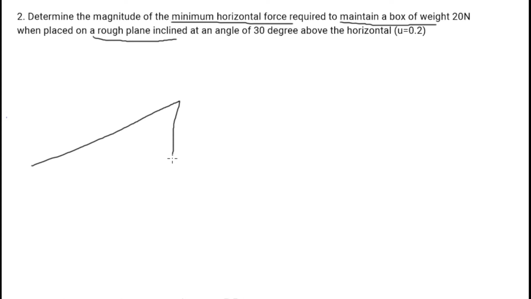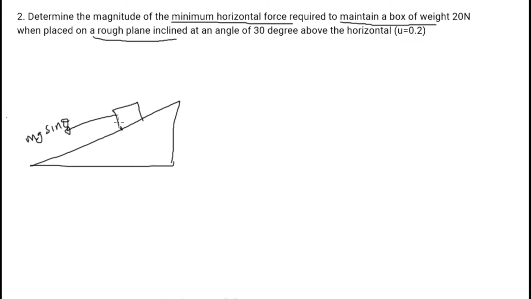Let's say this is the inclined plane. The object, when placed on this rough inclined plane, tries to slide down the inclined plane due to mg sine theta. Now notice that we need to apply a force just to stop it, but the force is not taking the object upwards and is not taking the object downward.